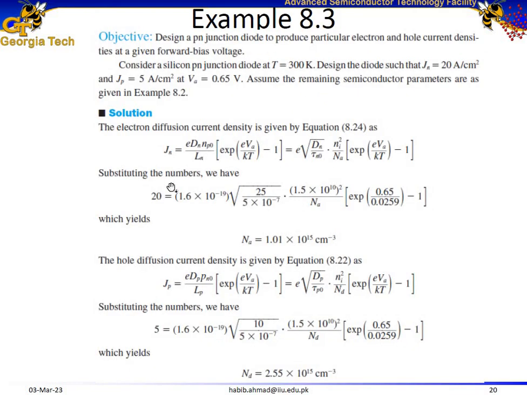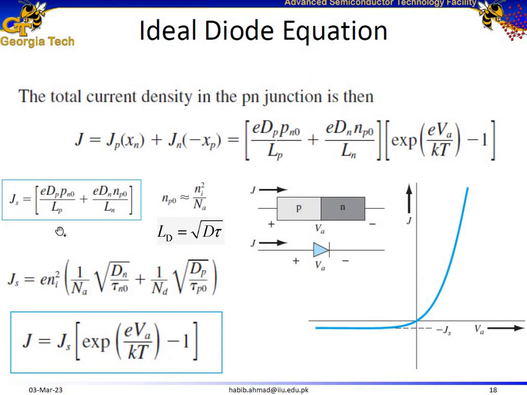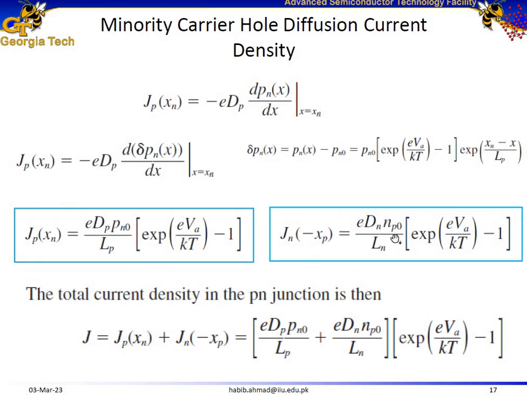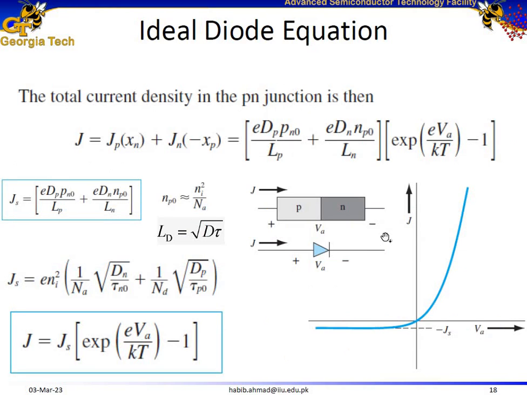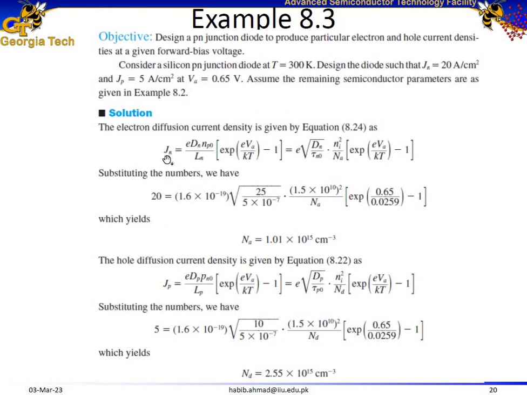So we have the equation for electron current density, as you can see in this slide over here. And then replace np0 with ni squared divided by Na, and then Ln with its value, and you get the equation in this form. Ln is equal to the square root of Dn times tau n. Anyhow, from this equation you already know all the remaining parameters.